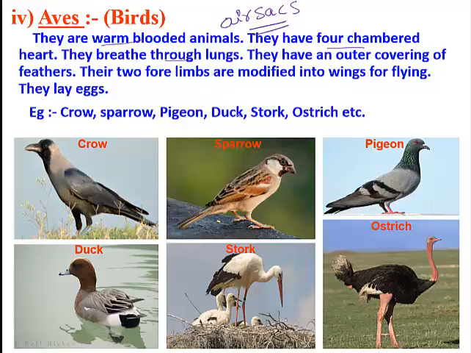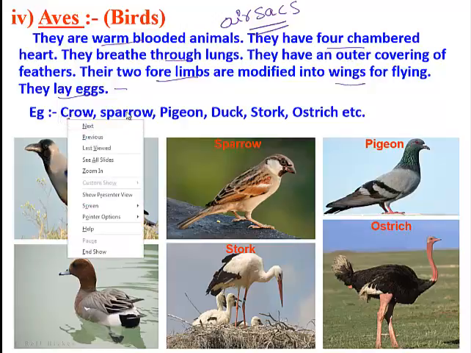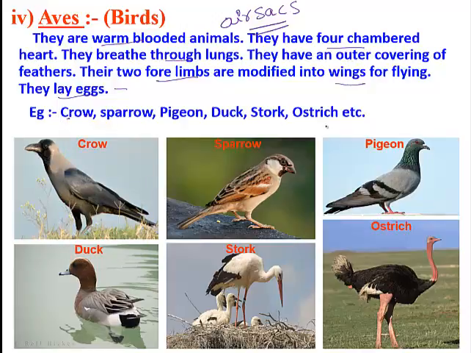Next, the forelimbs, which are in the anterior portion, are converted into wings covered with feathers, which help in flying. And these are oviparous in nature, which lay eggs. The examples are crow, sparrow, pigeon, duck, stork, ostrich, etc.